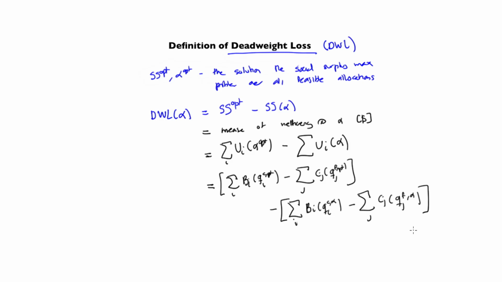So these are different ways of thinking about what the deadweight loss means. But in essence, the key thing to keep in mind is that it's a measure of inefficiency.